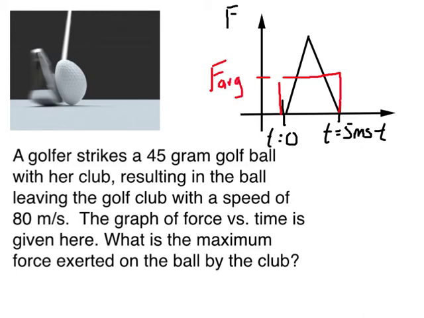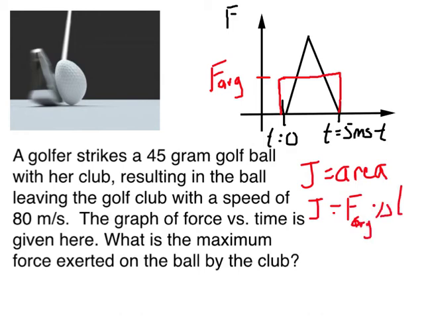And what impulse really is, is the area. And when you reduce the problem to an average force, then you're calculating the area here of a rectangle. So we can call that the height of the rectangle, which is the average force, times delta t, which is the width of the rectangle.